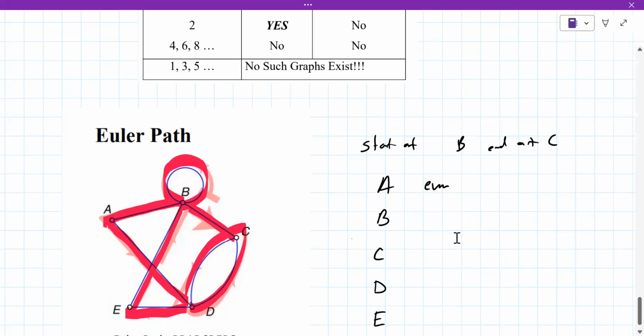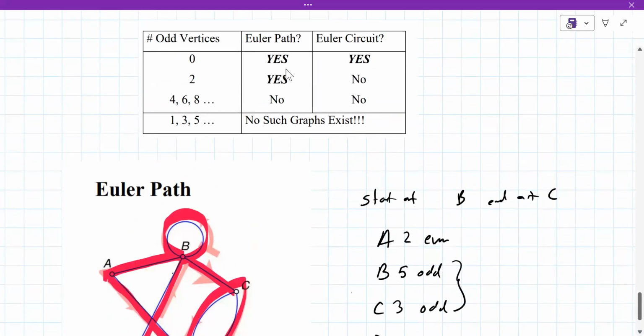C has 3, so that's odd. D, 1, 2, 3, 4, even. E has 2 coming out of it, so it's even. So I'm going to say that B has 1, 2, 3, 4, 5, odd. There are 2 odds. That's why it's an Euler path, because it's got 2 odd vertices.